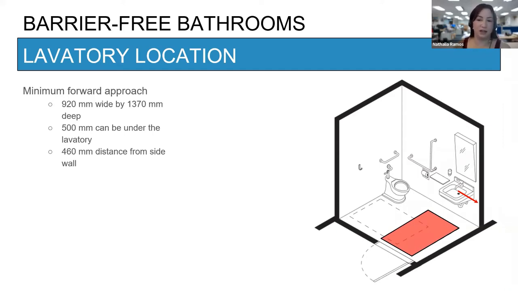The center line of your lavatory has to be 460 millimeters from the side wall. Most of the time the sinks already have a standard measure, but always pay attention that you have 460 from the wall.